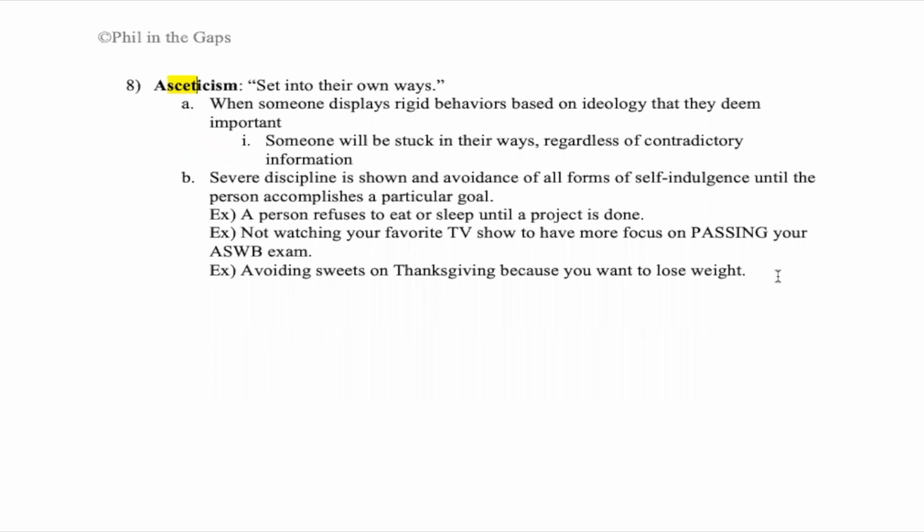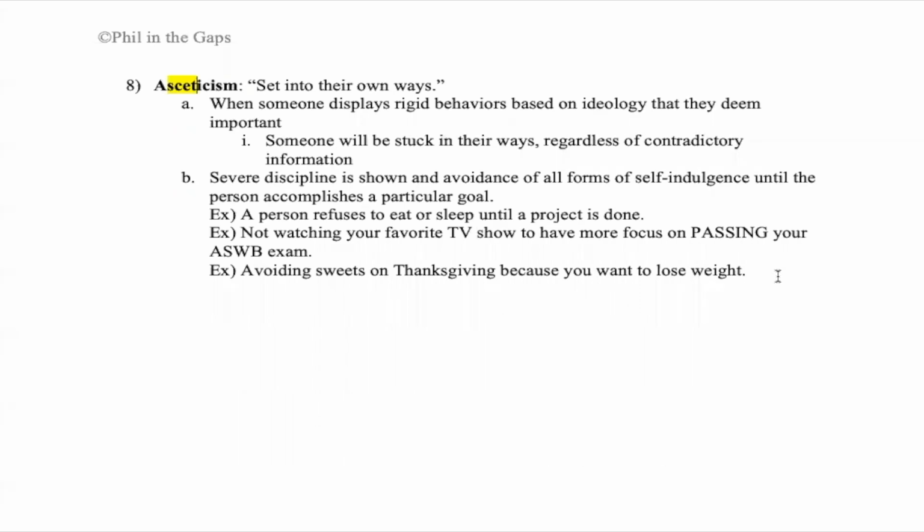Another example, not watching your favorite TV show to have more focus on passing your SWB exam. You may love that TV show, but if you're practicing asceticism, you may stop watching the TV show, utilize that time to study for the exam to increase or empower yourself to kick the exam directly in the chest to get the job done.